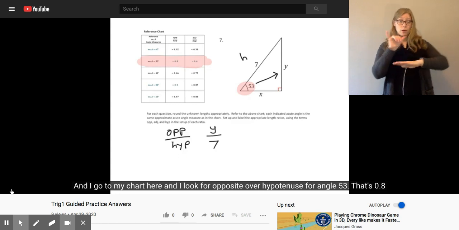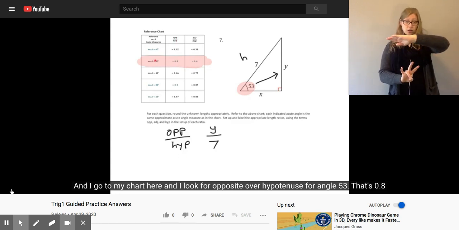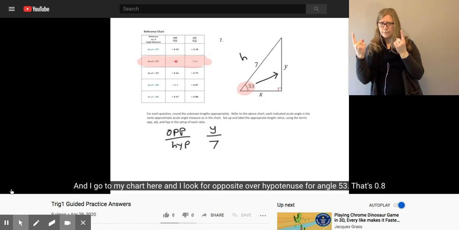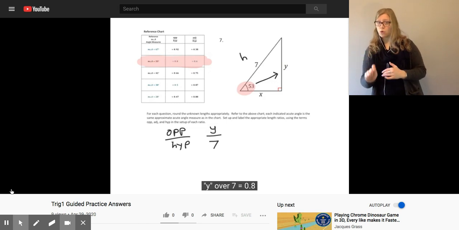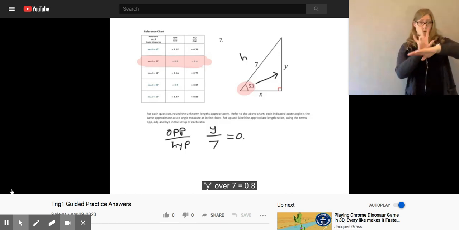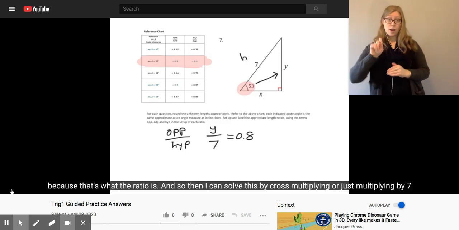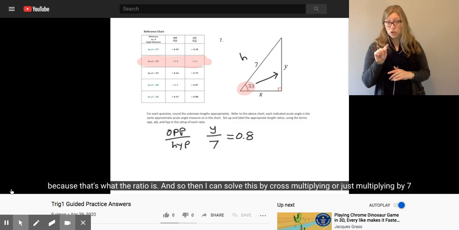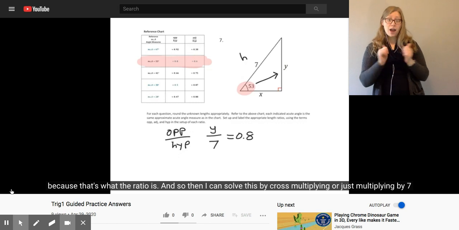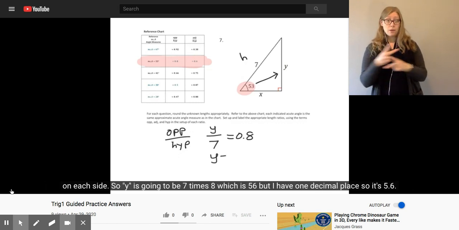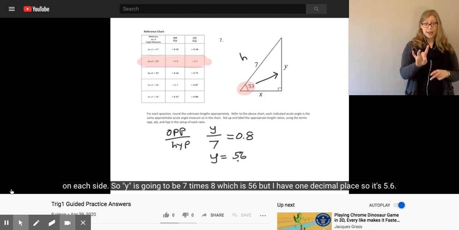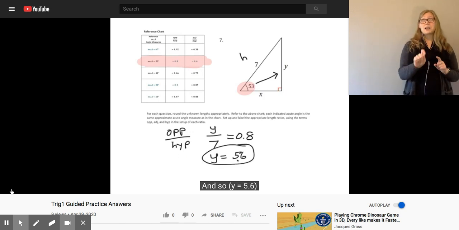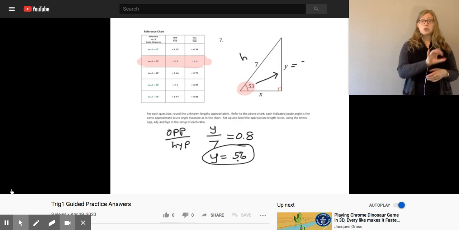I go to my chart and look for opposite over hypotenuse for angle 53, and that's 0.8. So y over 7 equals 0.8, because that's what the ratio is. Then I can solve this by multiplying by 7 on each side. So y is 7 times 8, which is 56, but with one decimal place, it's 5.6. And so y is 5.6.